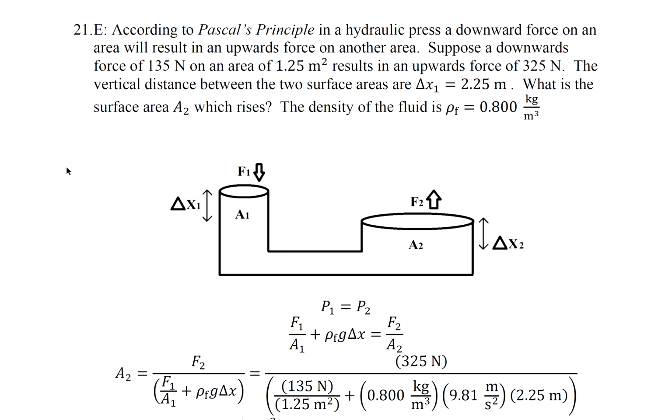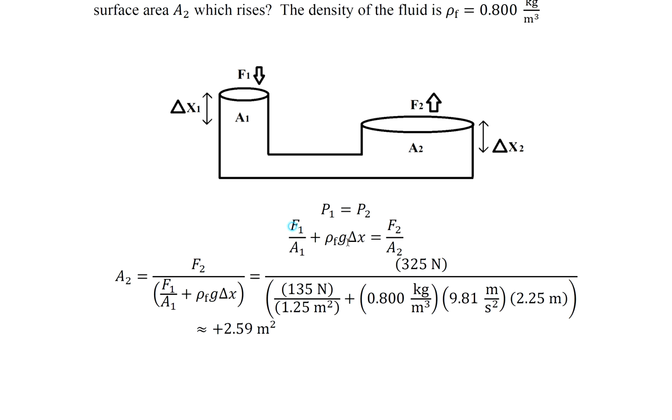What is the surface area A2 which rises? The density of the fluid is rho sub fluid equals 0.8. So we have this equation now. See how it's a bit different from the last equation. And we can just solve for A2.